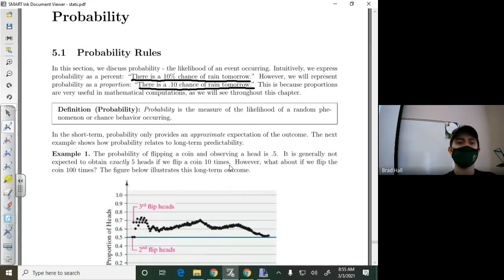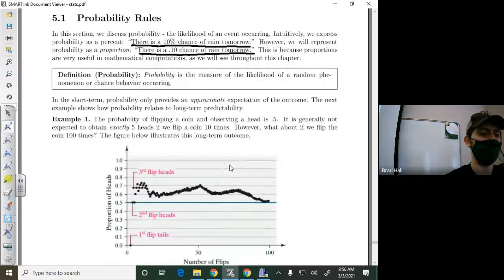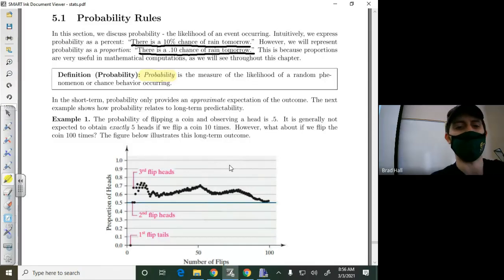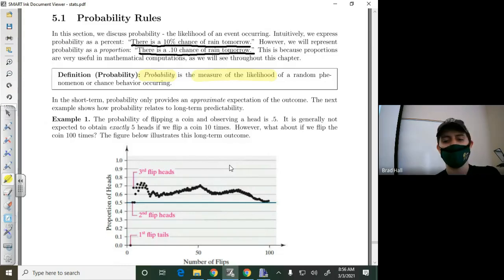And this immediately leads up to the definition of probability. So probability is the measure of likelihood. That's pretty much it. It's how likely something is going to happen, the predicted likelihood that something is going to happen. Probability is a word that's used fairly intuitively.